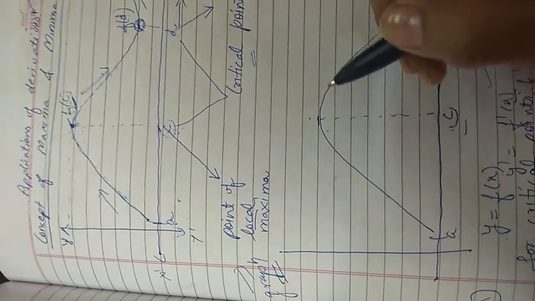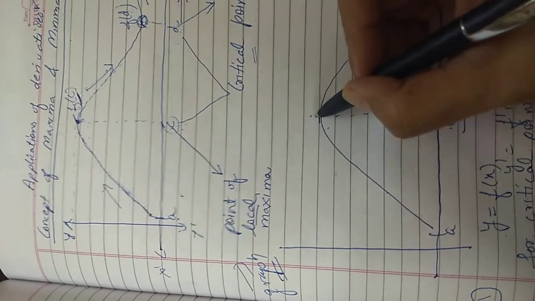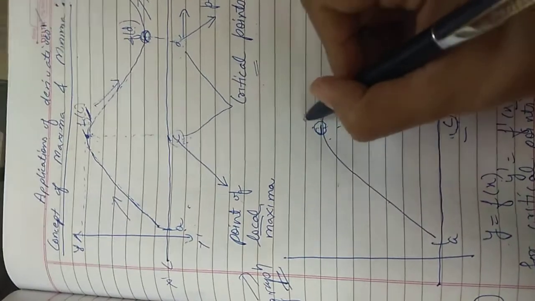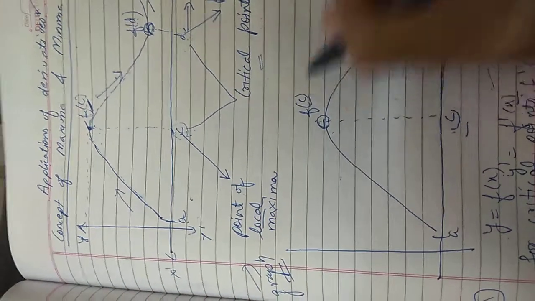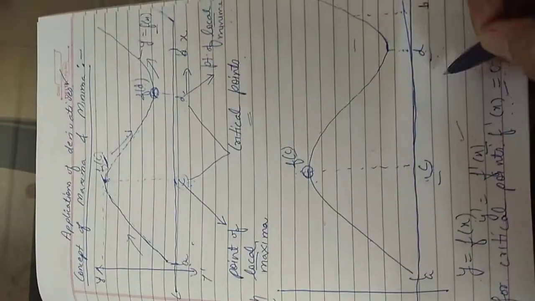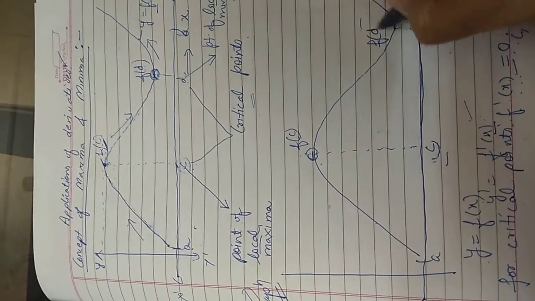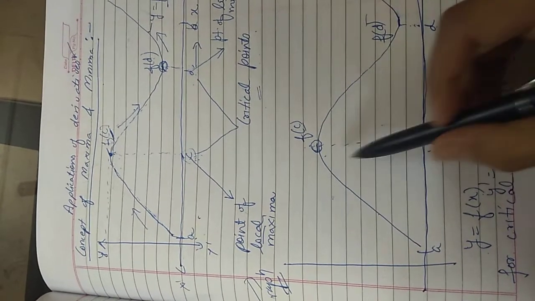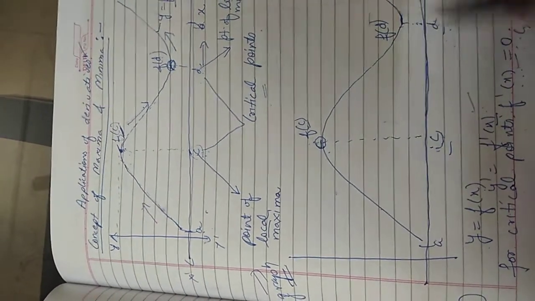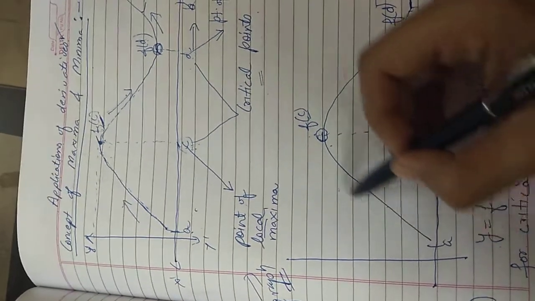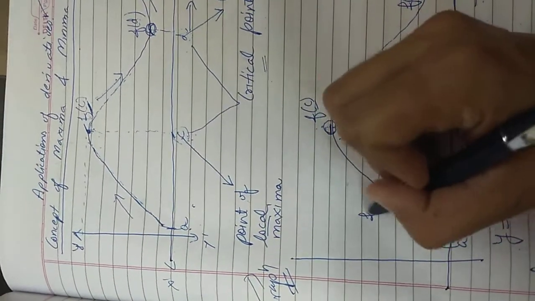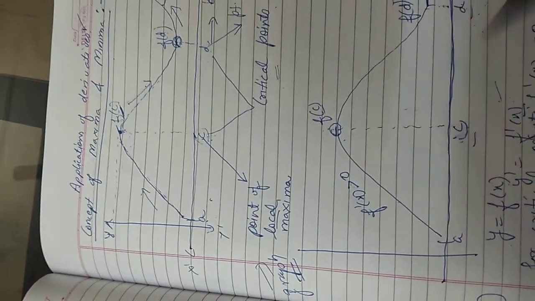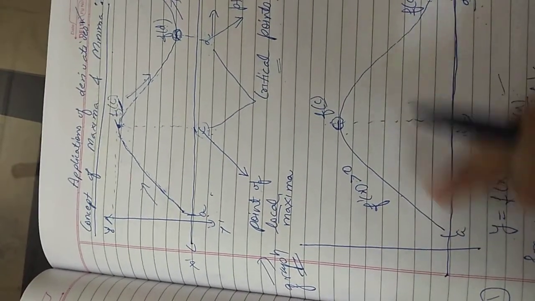So the rule says, if C is the point of maxima, as I have taken C here, P for peak, f of C will be the maximum value, and for point D, the value f of D that I am getting is the least value. So if my C is giving me the maximum value and D is giving me the least value, then on this side the curve is increasing, so the derivative's sign will be greater than 0 in the interval a to c.